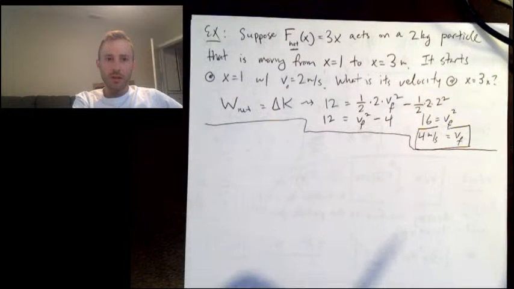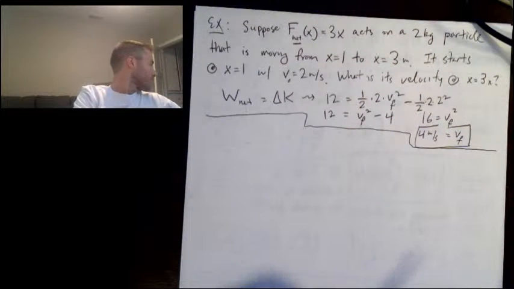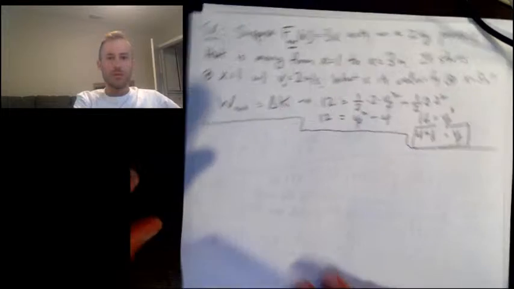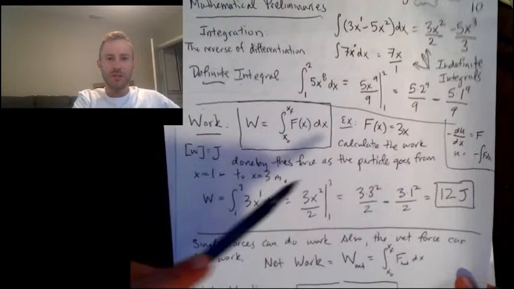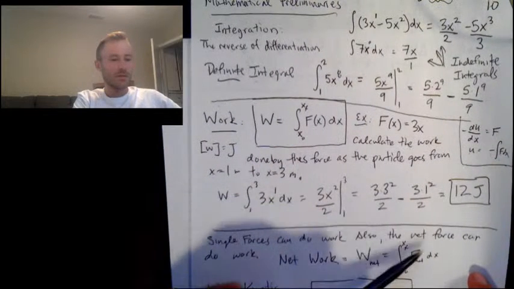I got 12 from the previous problem that I did because it was the exact same force in the exact same initial and final positions. So I just said that, so the answer is just 12.